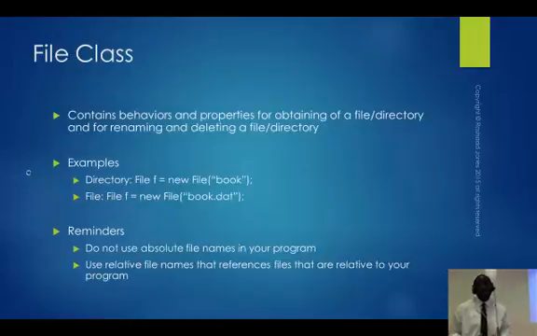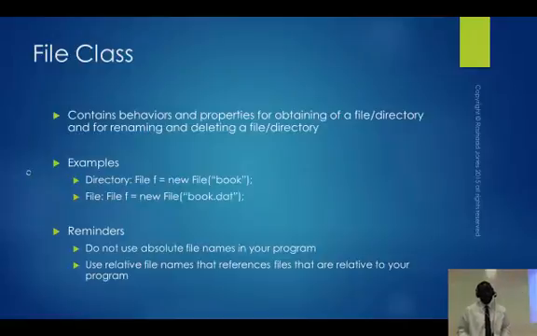That file object contains behaviors and properties for obtaining files as well as directories, and with the file object we can rename and delete the files or the directories. We cannot, and it's very important to understand this, we need another mechanism to actually write data to a file or read data from a file. The File class does not give us the ability to do that. The File class only gives us the ability to grab a file or a folder.